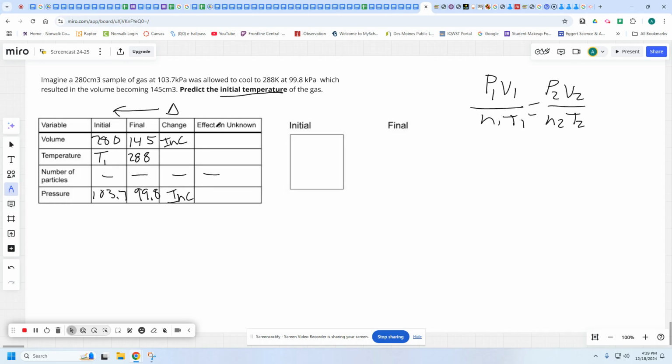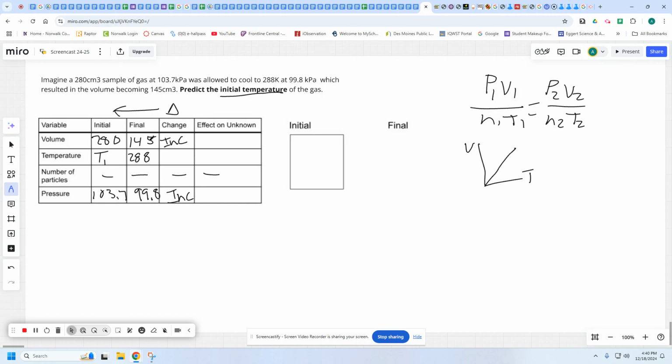Next, you need to think about what the effect is on the unknown temperature. So think about what must have happened to the temperature. If the volume increased to get back to the initial, then what must have happened to the temperature? If you can't think about that conceptually, think about the basic sketch of the graph for the volume temperature graph in Kelvin.